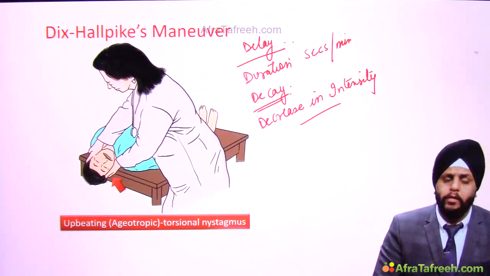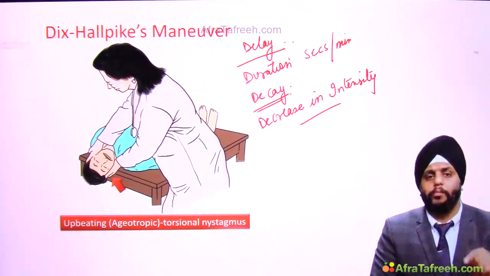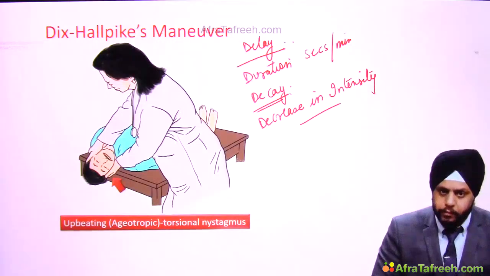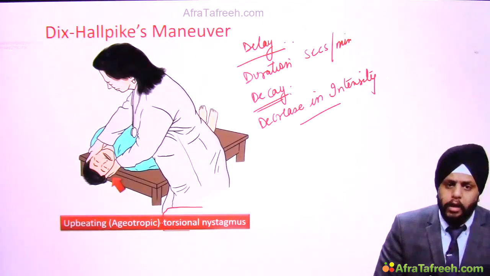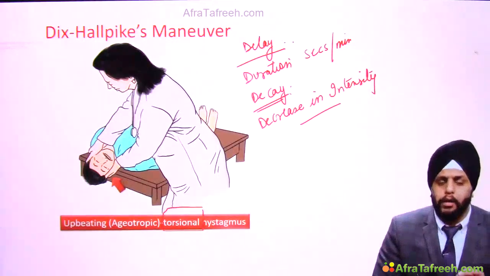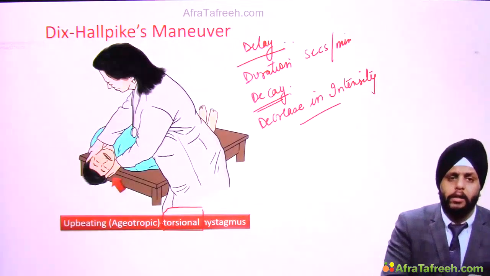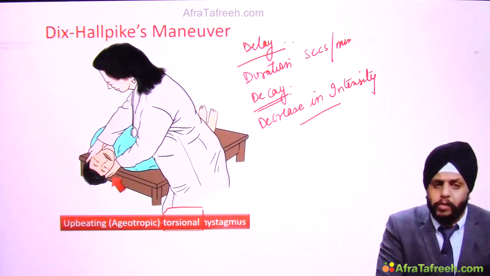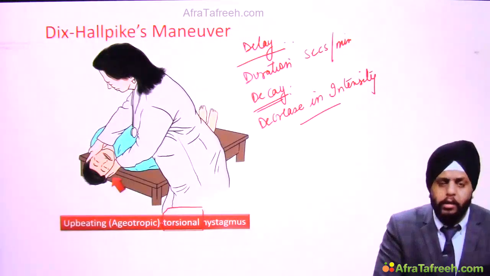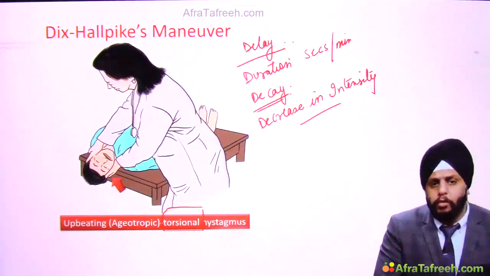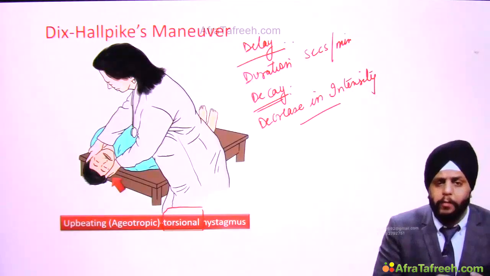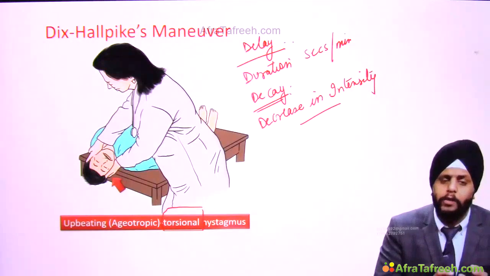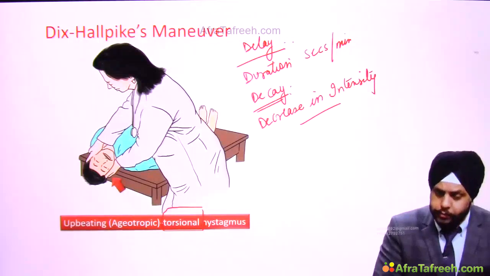That means there will be a torsional component to this nystagmus. In fact, remember this line: whenever the posterior semicircular canal is affected, the superior is also a little bit affected. So a vertical nystagmus of peripheral origin will always have a torsional component.